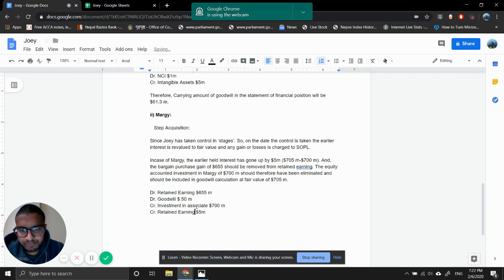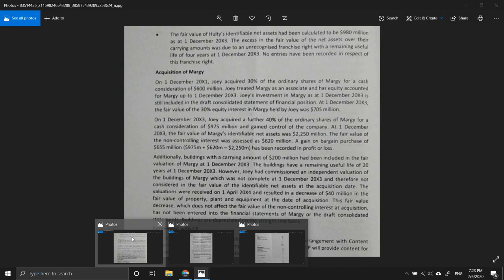This is basically the gain on revaluation. Okay, so what did we actually revalue? It was a downward valuation of building, right?